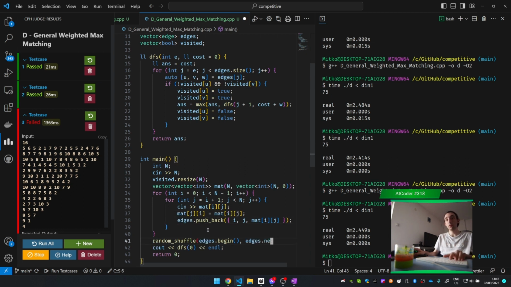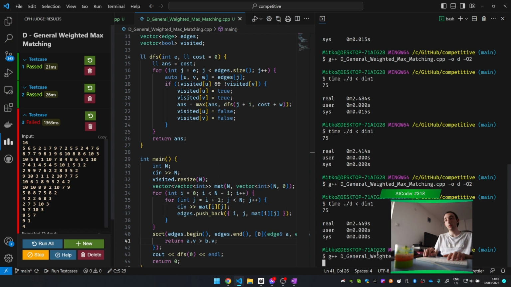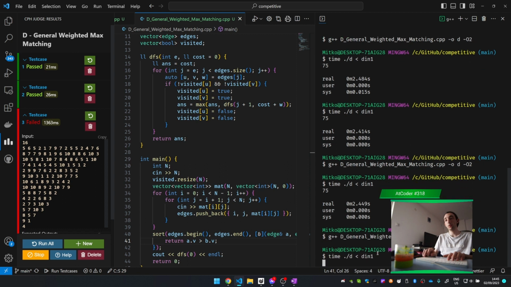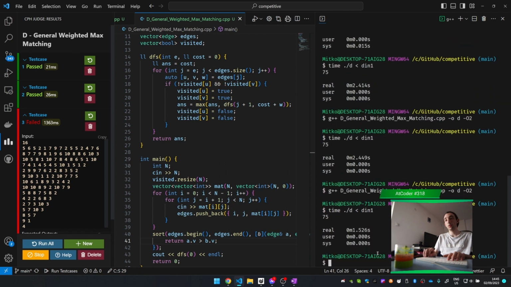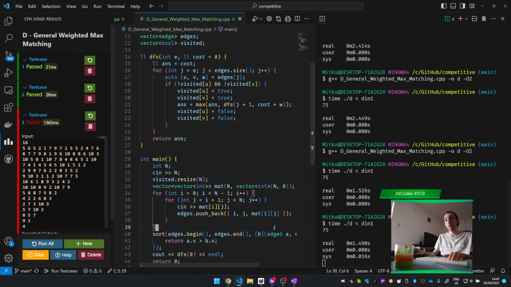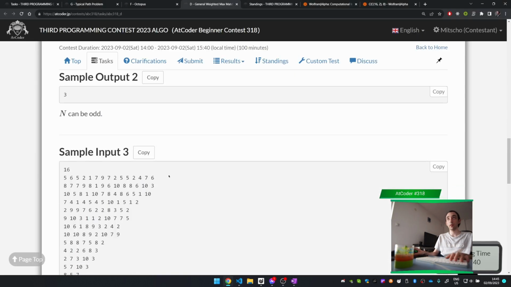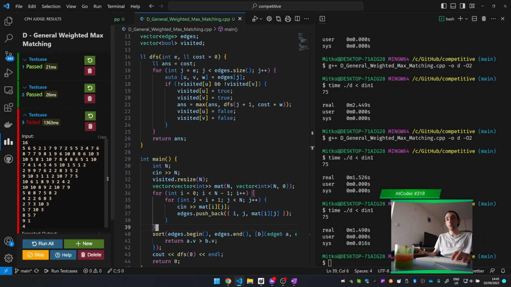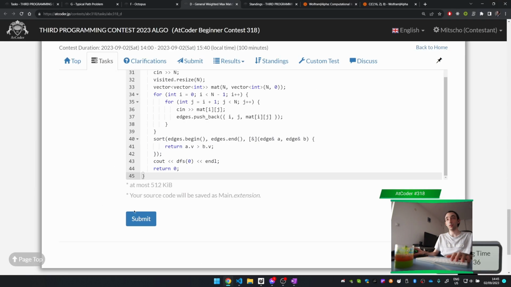Maybe you should sort it, but not by weight, but by the V vertex or something like that. What about this? Okay, I think this should be fine.